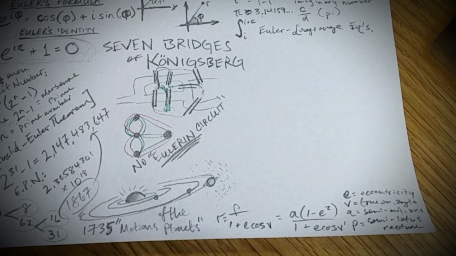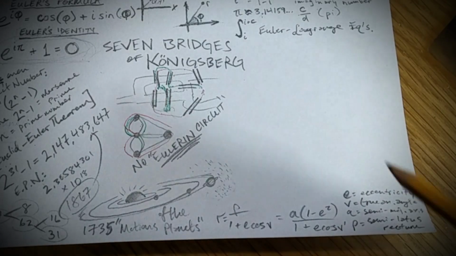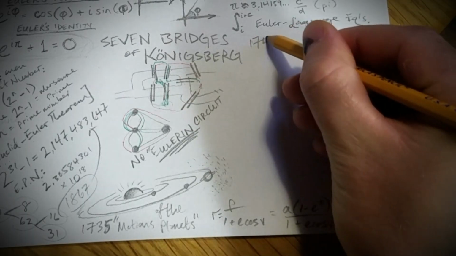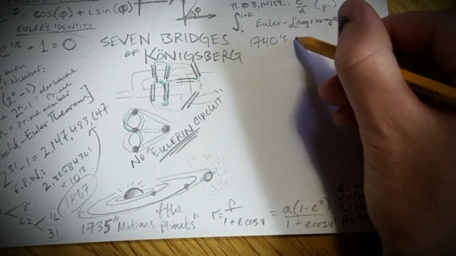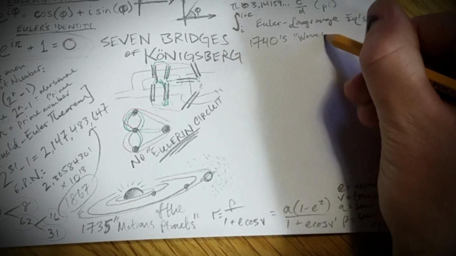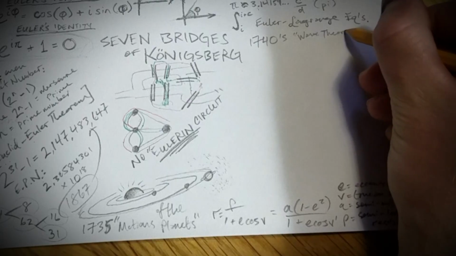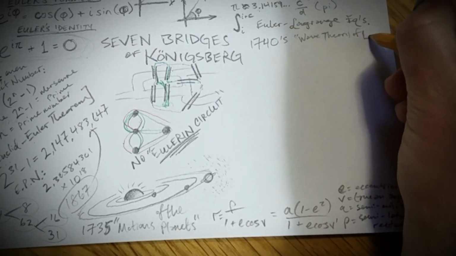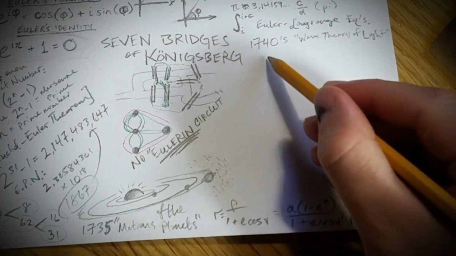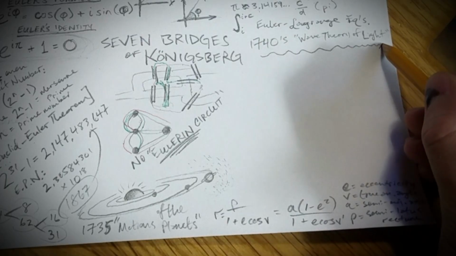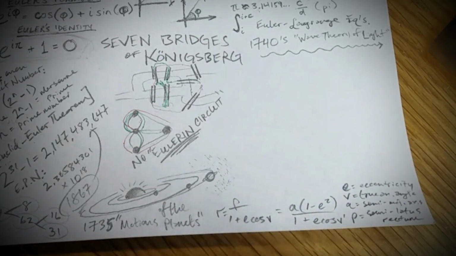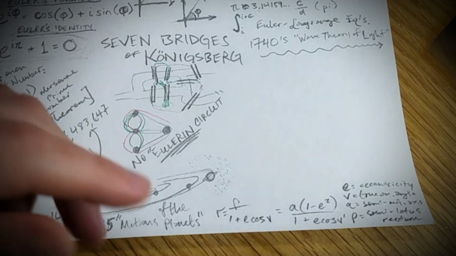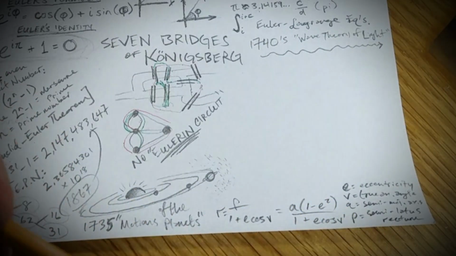His 1740s paper on optics helped ensure that the wave theory of light was really what became dominant, at least until the development of the early 20th century quantum theory of light.